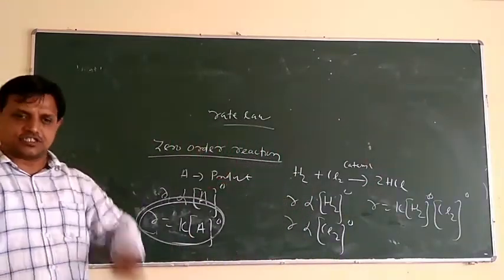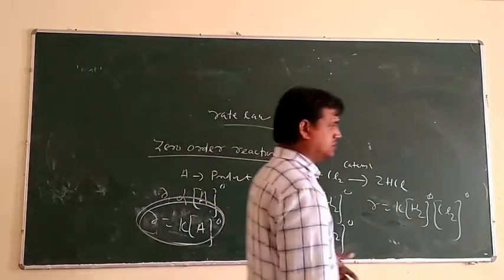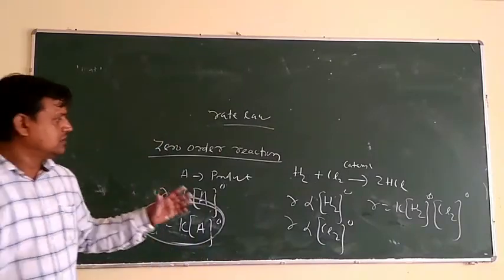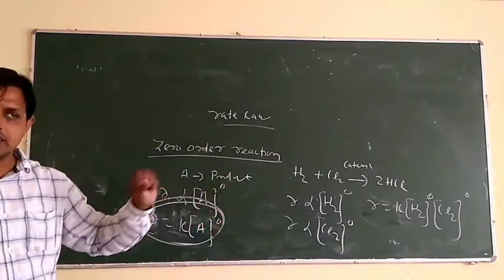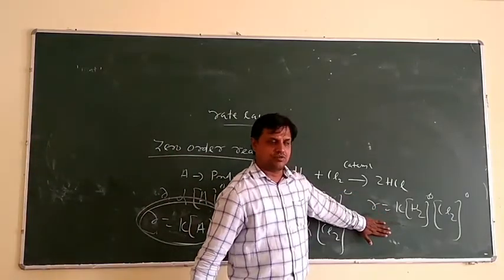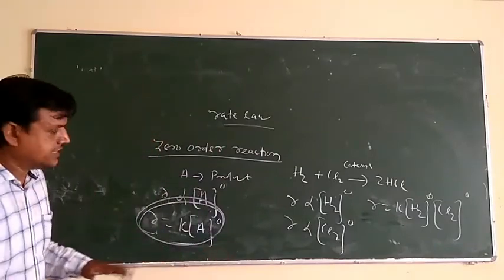It is a 0 order reaction. It is an example of a 0 order reaction. So rate depends upon the power of the concentration term in the rate law expression. Okay, so this is about 0 order reaction.